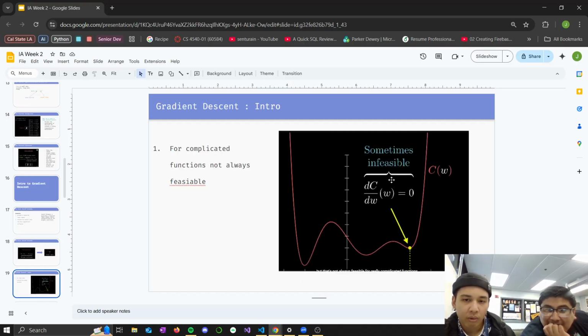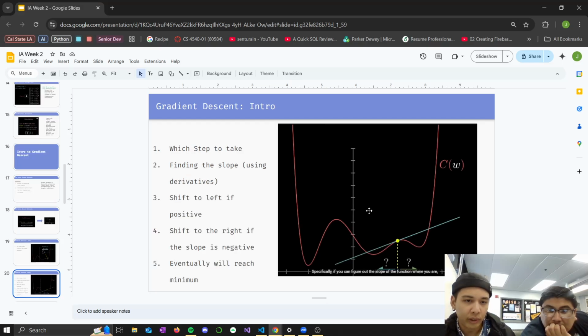Think about it this way. Remember how I said we want to minimize, we want the smallest error? The way we do that is by taking the derivative and finding the minimum. But sometimes it's not feasible for complicated functions.